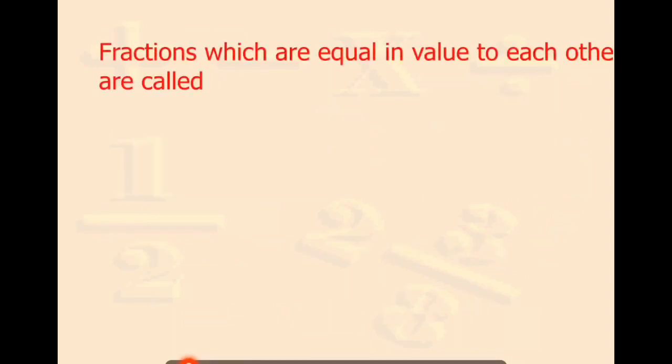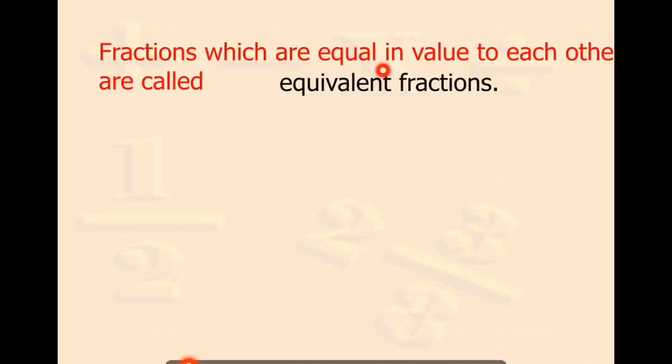Now students, here is the final statement I am giving you: fractions which are equal in their value, basically when both the fractions are converted to their lowest terms and they are equal, it means that they are equal in value to each other, are called equivalent fractions. So what's the definition of equivalent fractions?